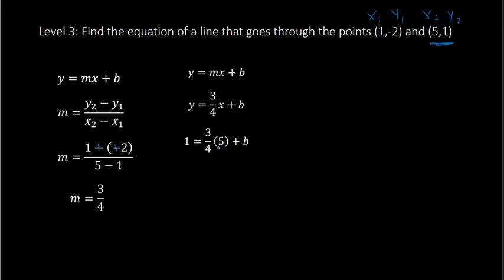So I do 3/4 times 5, that gives me 15 over 4. And then to solve for b, I just subtract 15 over 4 from both sides. When I do that on the right, this will cancel out. Subtract 15 over 4 on the left side. So now we have 1 minus 15 over 4.